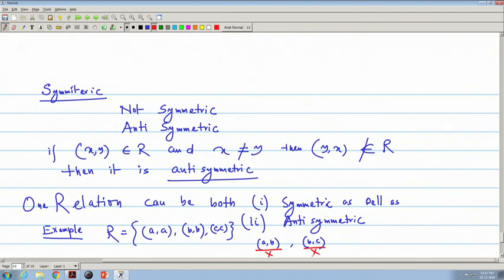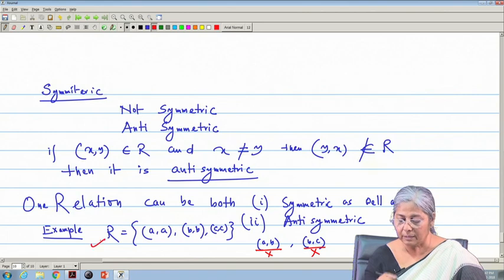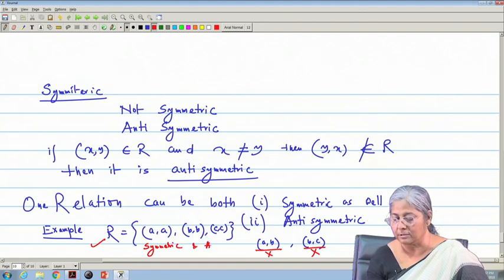So, it is vacuously true, because the condition x not equal to y never occurs. So, it is automatically antisymmetric. So, this particular relation is both symmetric and antisymmetric.